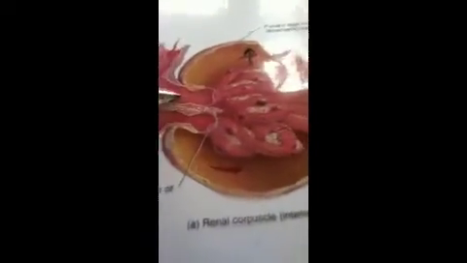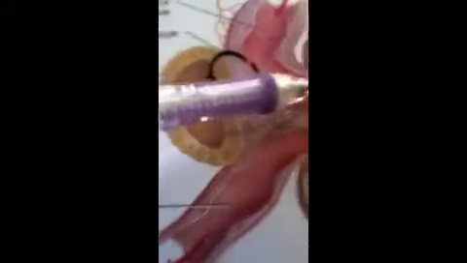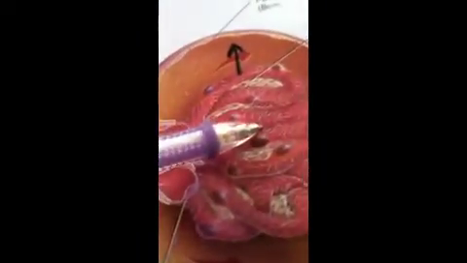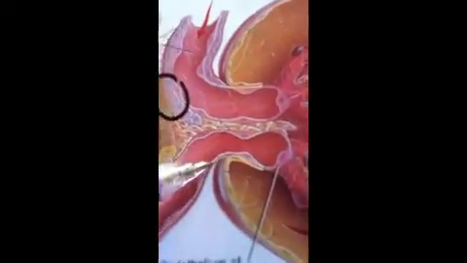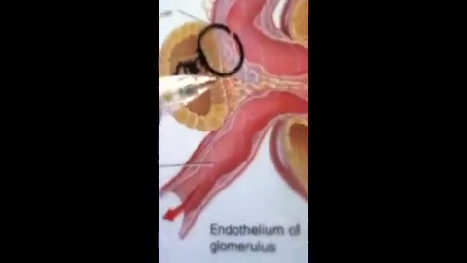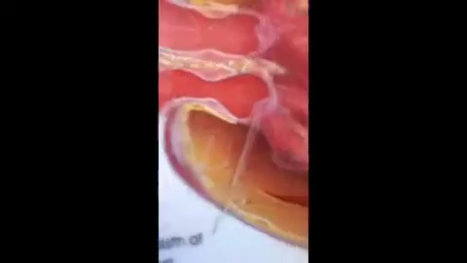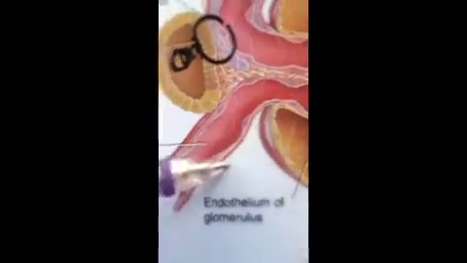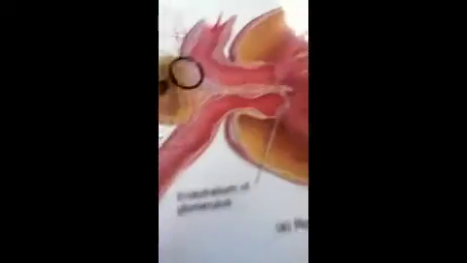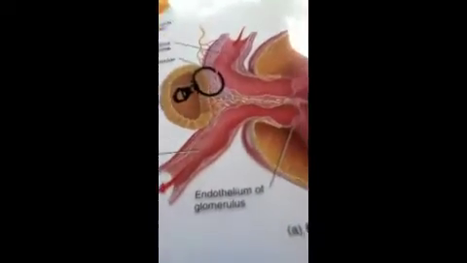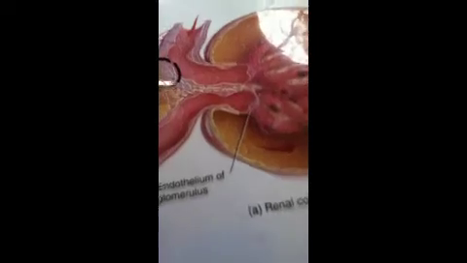So here's the afferent arteriole, and then glomerular capillaries, and then leaving is the efferent arteriole. So E for exiting the glomerulus. So those are the efferent arterioles.